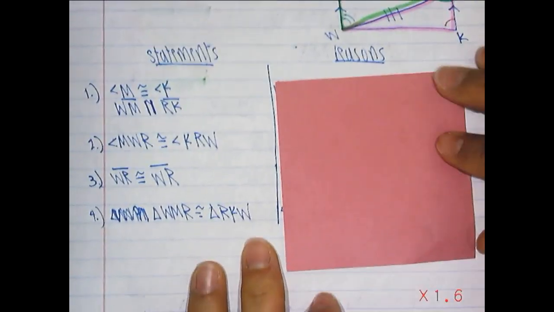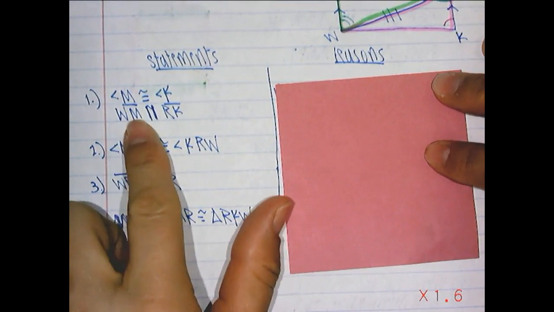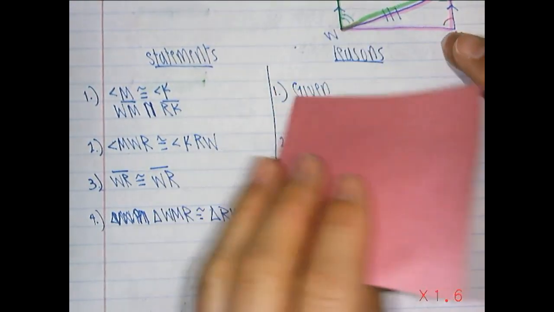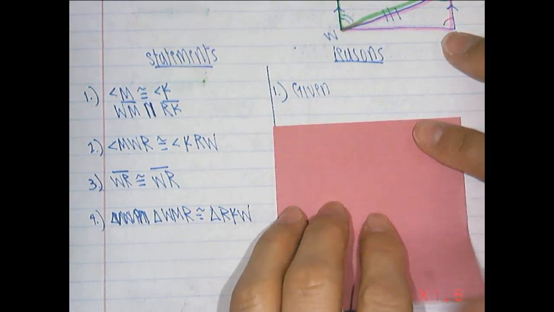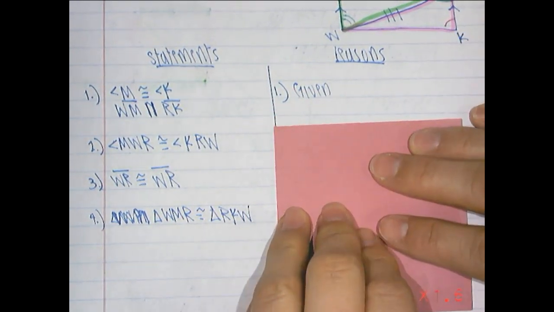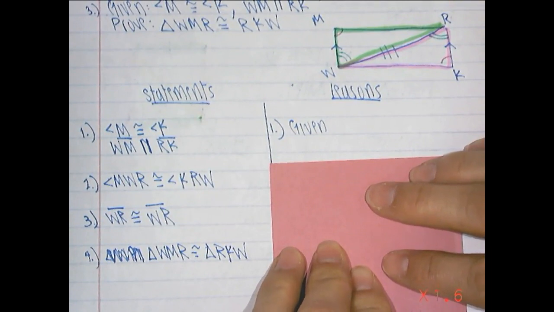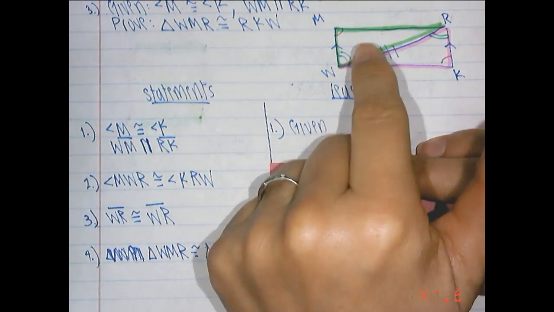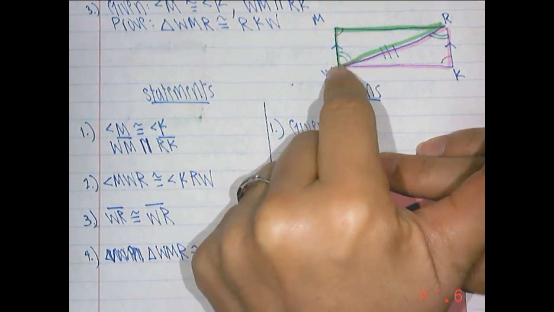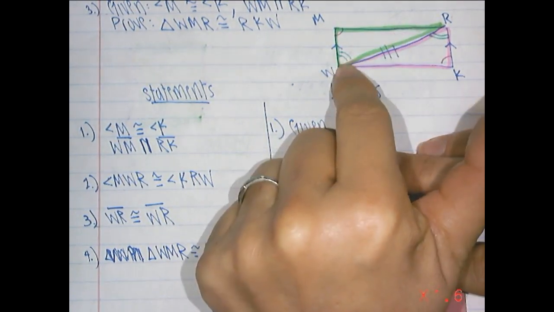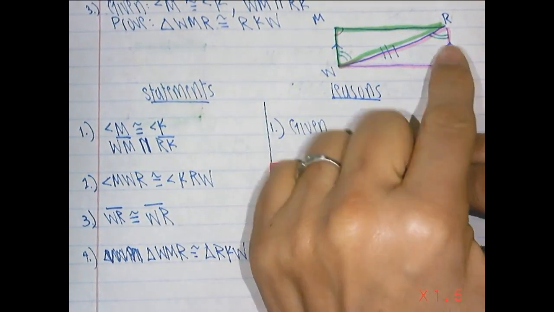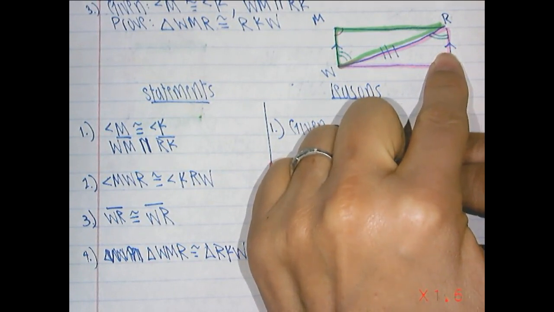So of course I'm going to start with number 1, and this time I identify both of my givens in the first statement. So my reason is given. All right, and then we move down to something a little bit more tricky. I'm going to say angle MWR, which I identified right here with 2 green arcs, is congruent to angle KRW, which I again identified with 2 green marks.